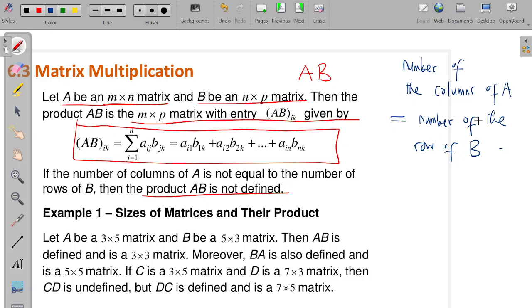If that is not satisfied, then no multiplication can be done.